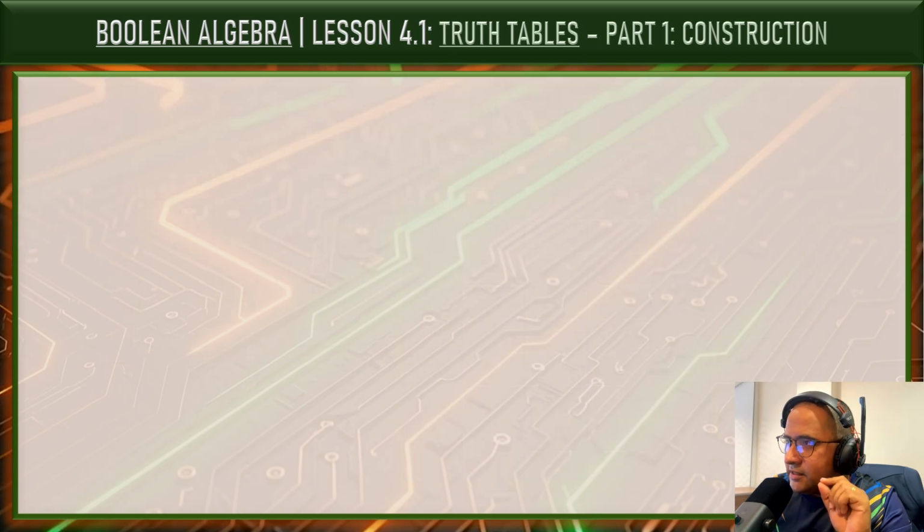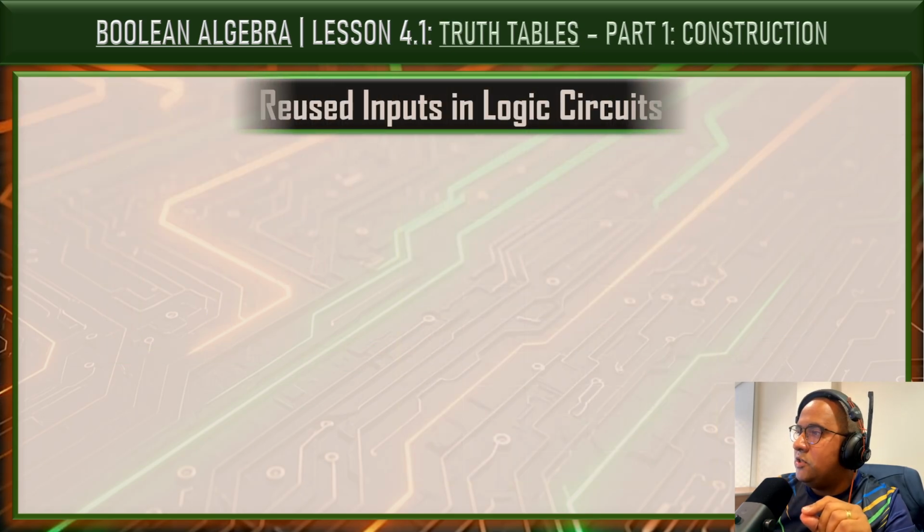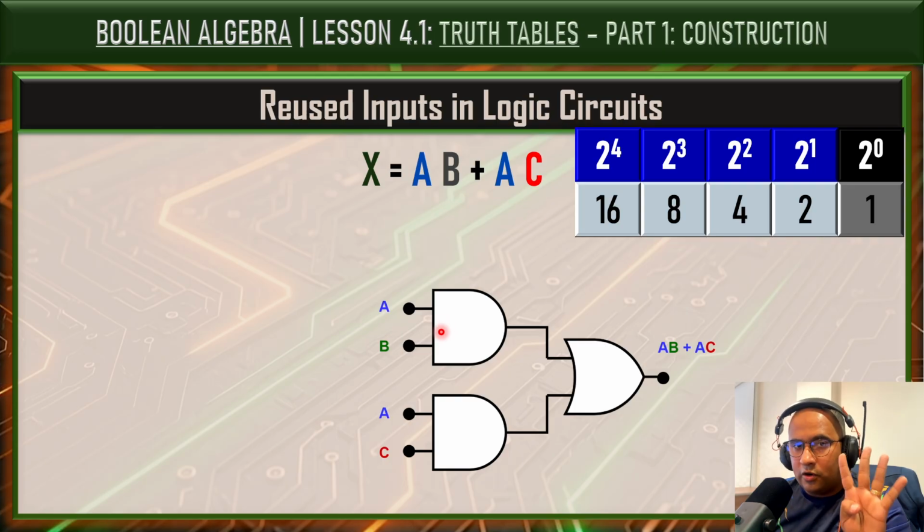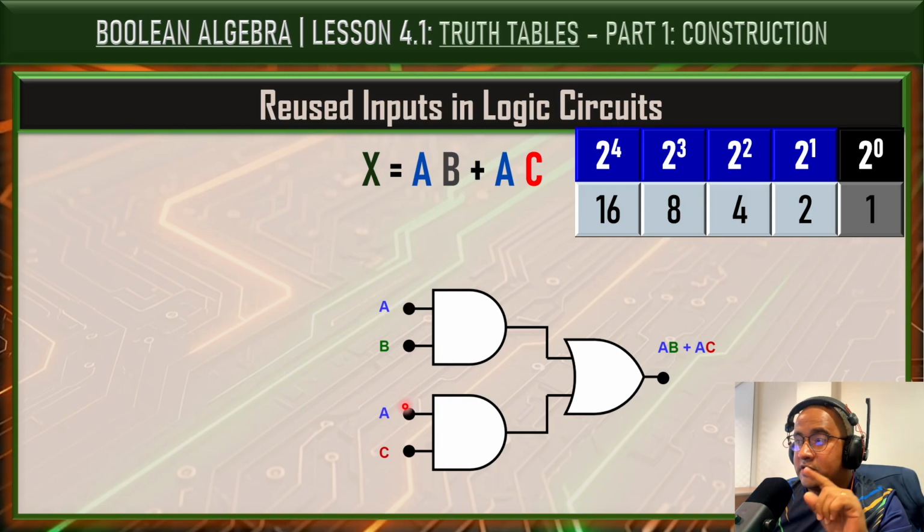Now, let's look at the same idea, but this time using a logic circuit, okay? At first glance, some students may think this circuit has 4 inputs because the signal A appears in 2 different places, okay? Here and here. But that is not correct. This is still the same input A being used in more than one branch of the circuit, okay?